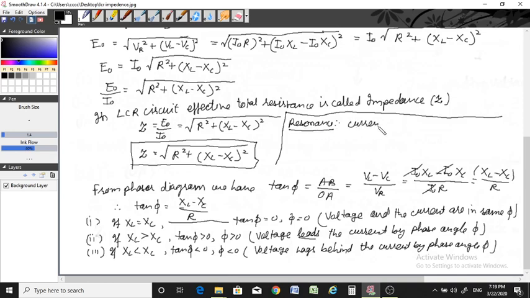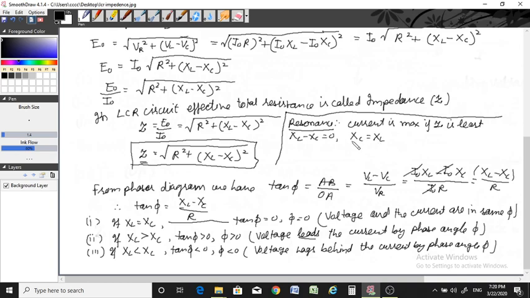The impedance will be least if this term XL minus XC is equal to 0. Therefore XC is equal to XL.